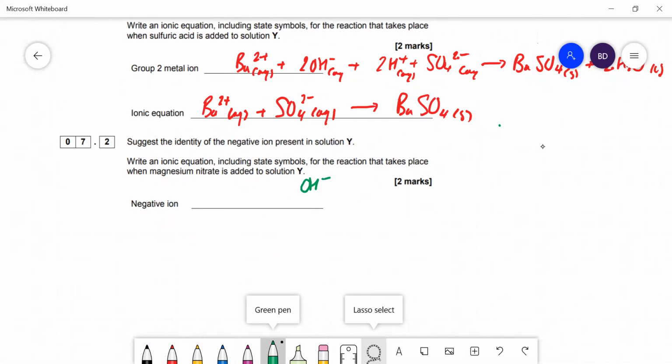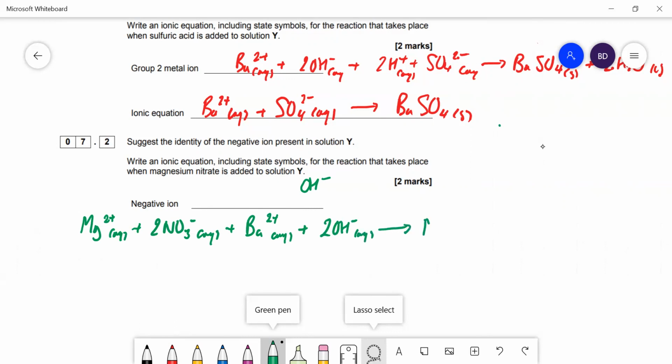And write an ionic equation for the reaction that takes place when magnesium nitrate is added. So I'll write the full equation: Mg2+ aqueous, plus 2 nitrates, both 1- aqueous. We're adding that to barium 2+ aqueous, 2OH- aqueous.